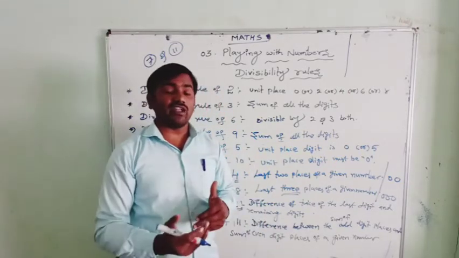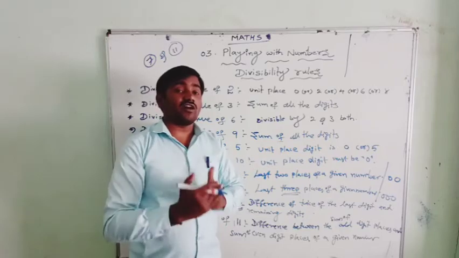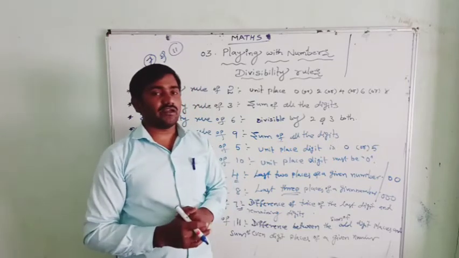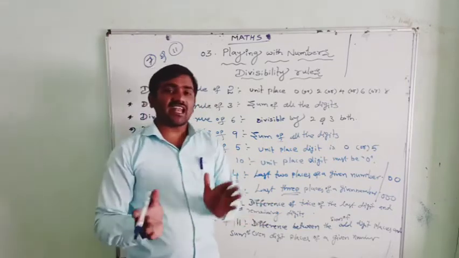If it is a multiple of 11, or if the number is divisible by 11, then the whole number is divisible by 11. These divisibility rules are clearly given in your textbook.